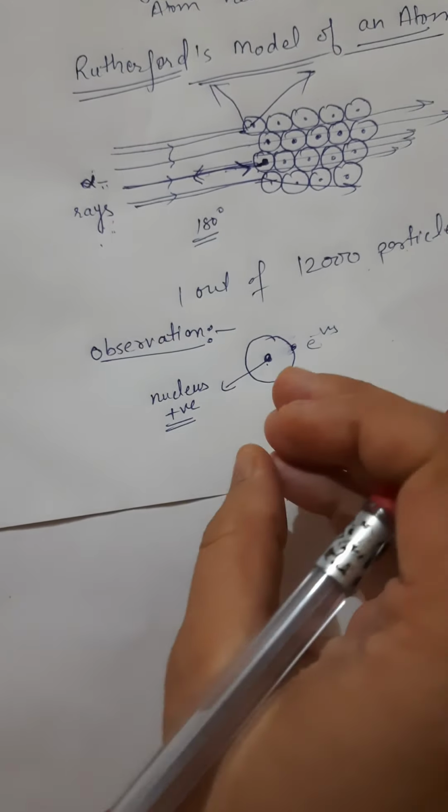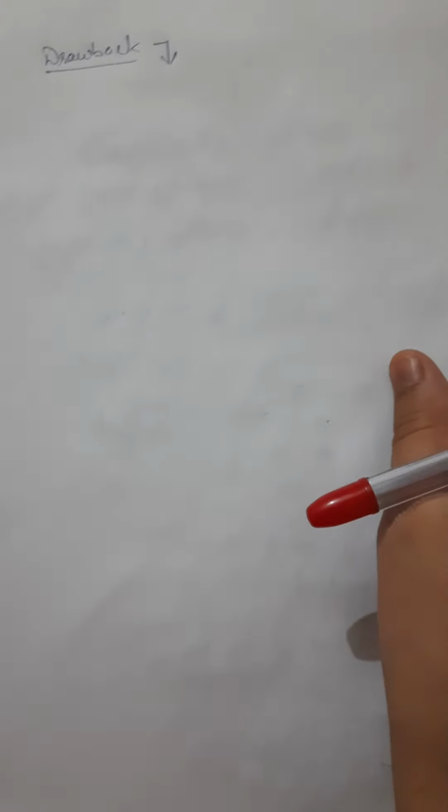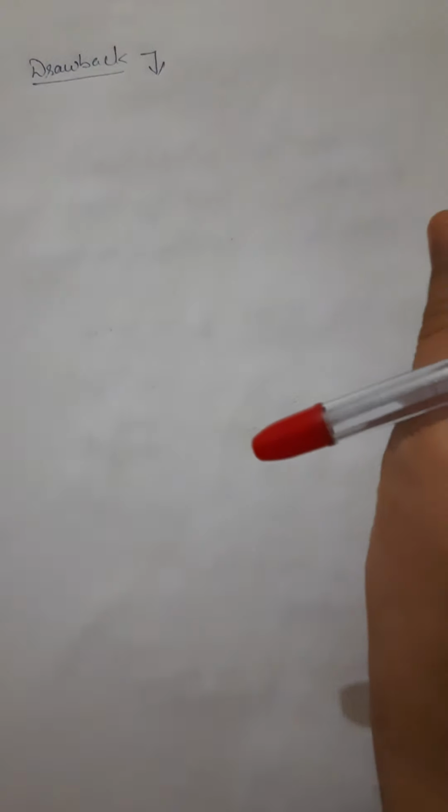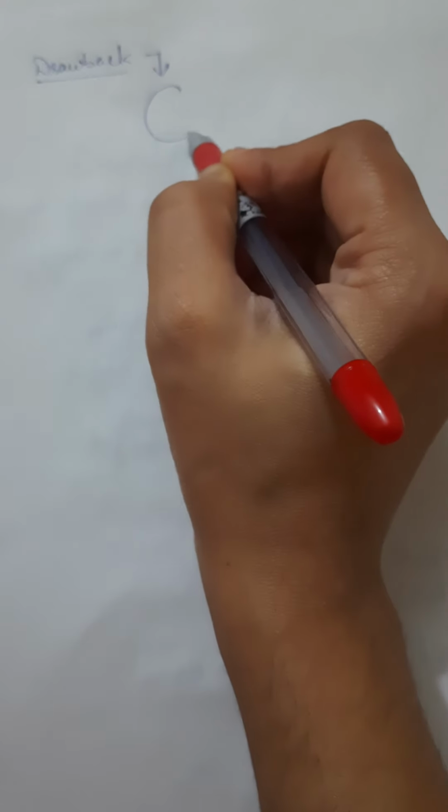The last point of this model is a drawback. Accelerated motion is there in those bodies which are rotating in a circular path.